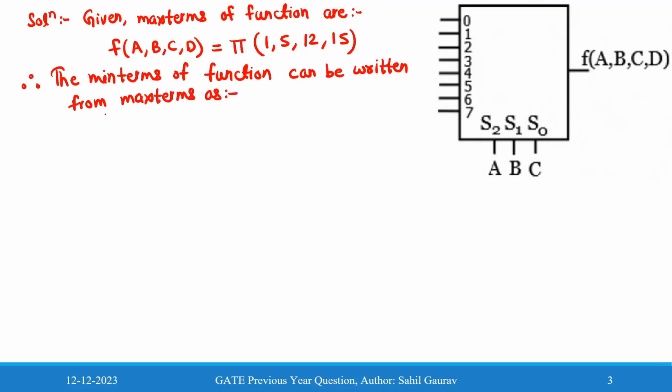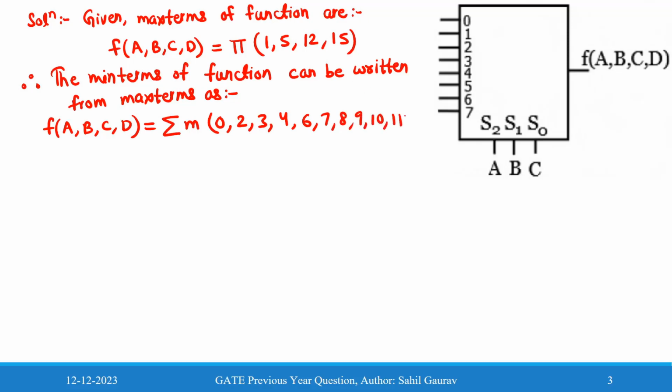So for f(A, B, C, D) we can write summation m, these are min terms: 0, 1 is written here as a max term, so 2, 3, 4, 5 is a max term, so 4, and 6, 7, 8, 9, 10, 11, 12 is a max term, so 13, 14. So these are the min terms.